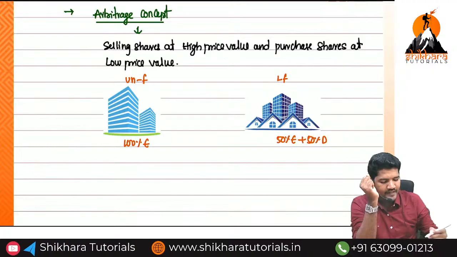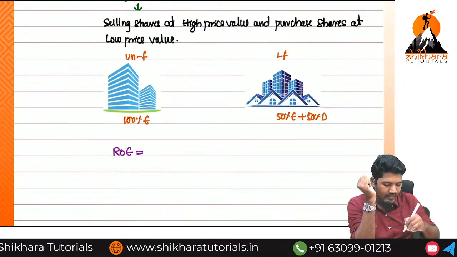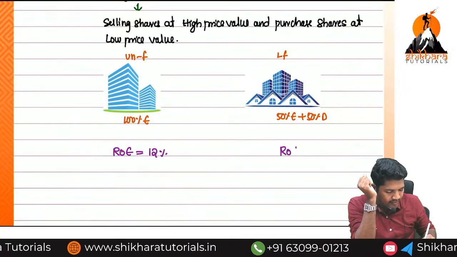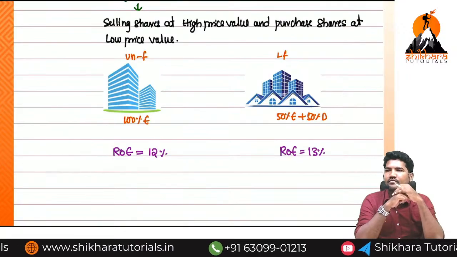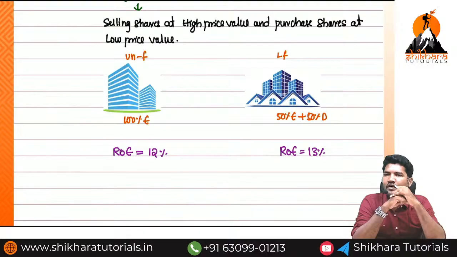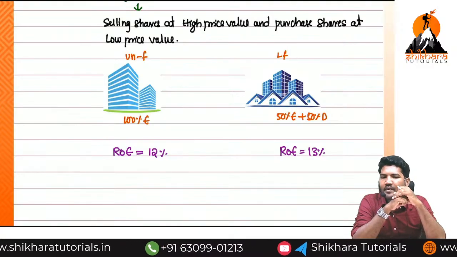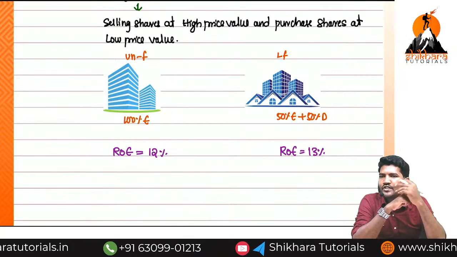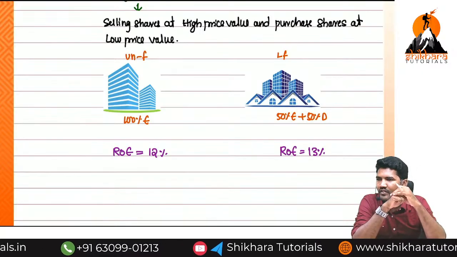For example, the return on equity of this unlevered firm is 12%. The return on equity of this levered firm is 13%. Where are you receiving more profit as an equity investor, levered firm or unlevered firm? The unlevered firm announces a 12% return to you. The levered firm announces a 13% return to you. Guys, clear?